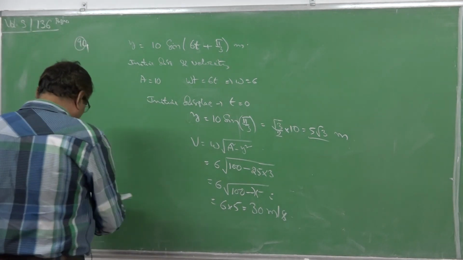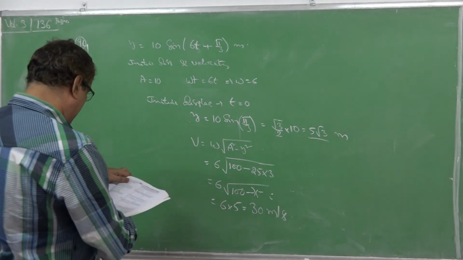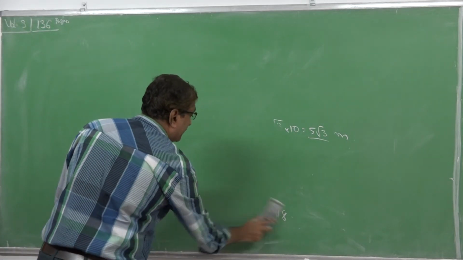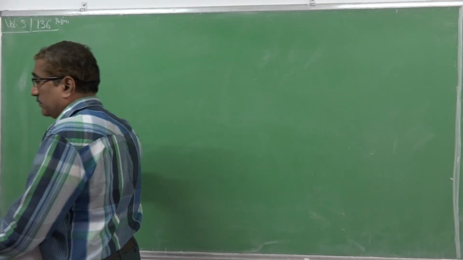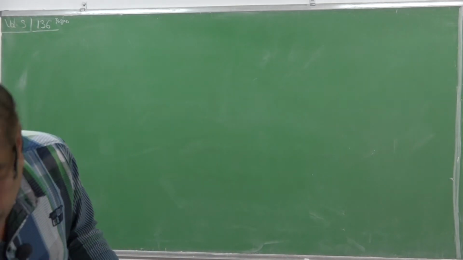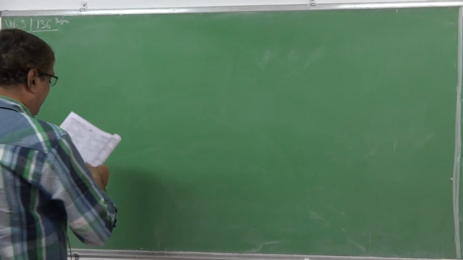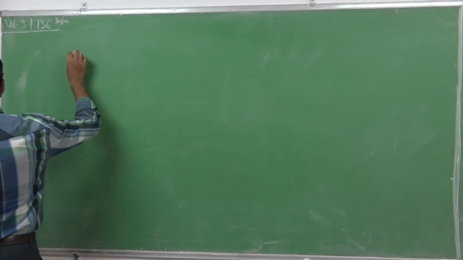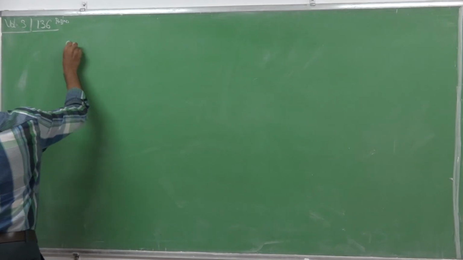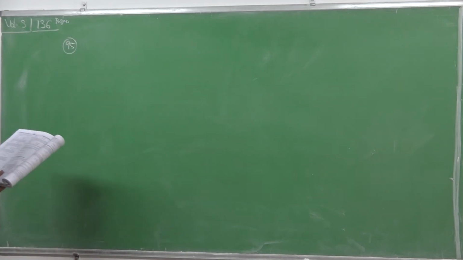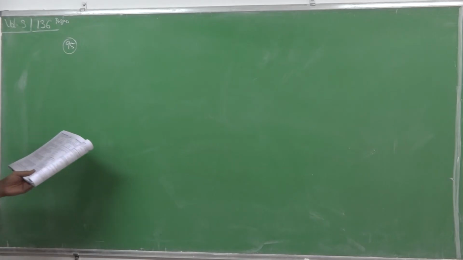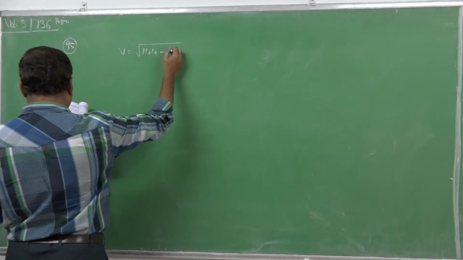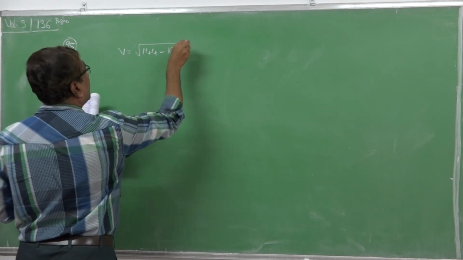Okay, next, 96. For a body in SHM, the velocity is given by v equal to square root of 144 minus 16 x square.